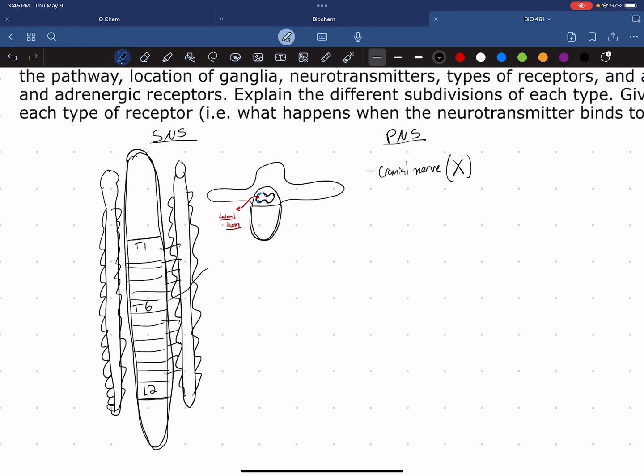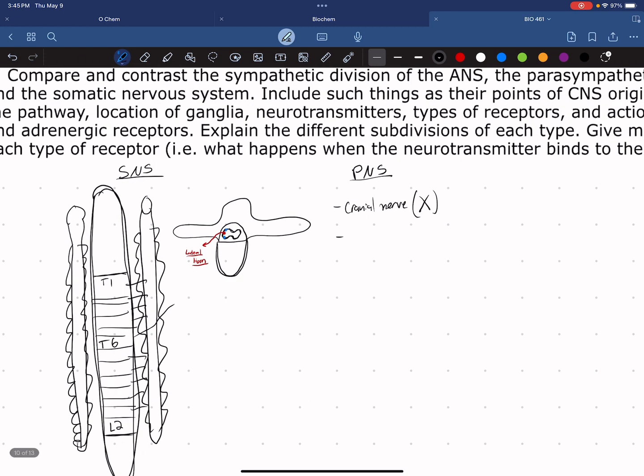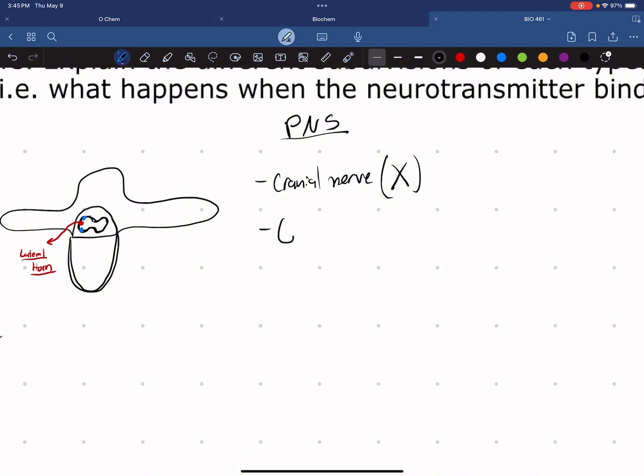When thinking about the parasympathetic nervous system, the ganglia are located near the effectors.